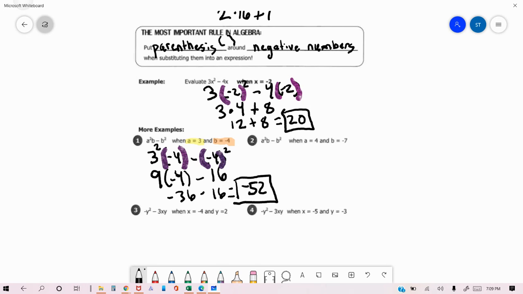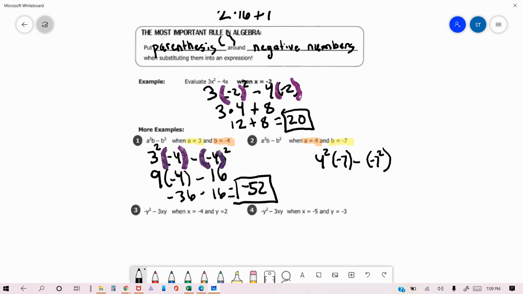Over here, we are going to say A is 4 and B is negative 7. So it looks like we've got 4 squared times negative 7 minus negative 7 squared.